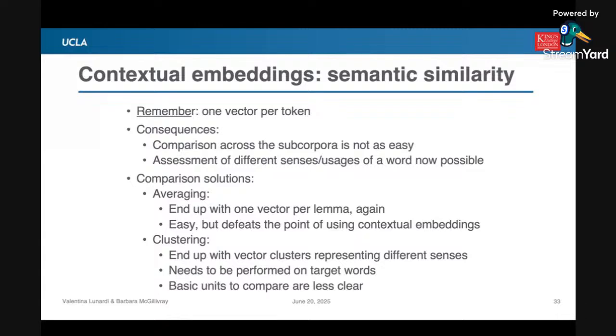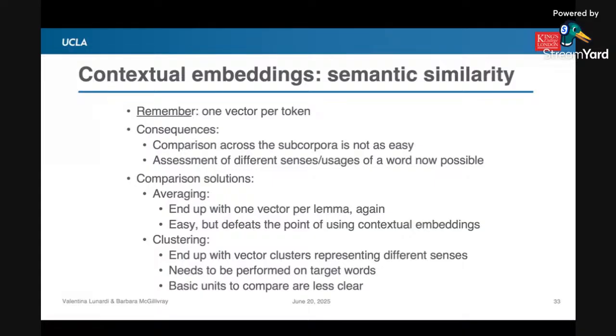It doesn't strictly need to be for target words, but this is one of the things that can be a little bit heavy computationally. So what I've done is focus on a set of words and try to find clusters for those only, to make things a little bit quicker.